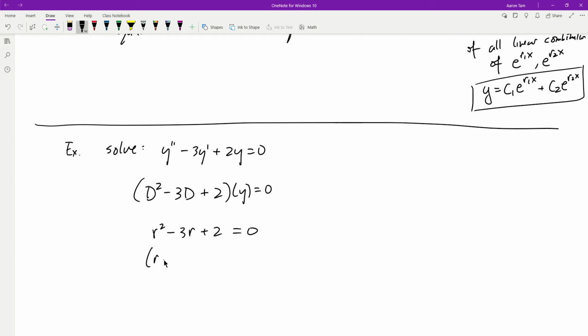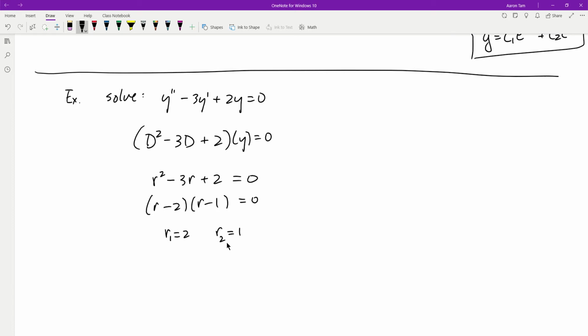That's just r minus 2 times r minus 1 equal to 0. Therefore I have the two roots, r1 equal to 2 and r2 equal to 1. So those are my two roots. I usually list my roots from largest to smallest, but it technically doesn't matter. It's just a consistency I like.